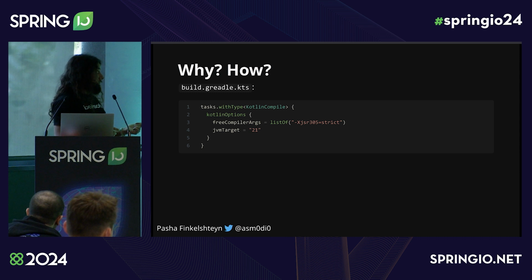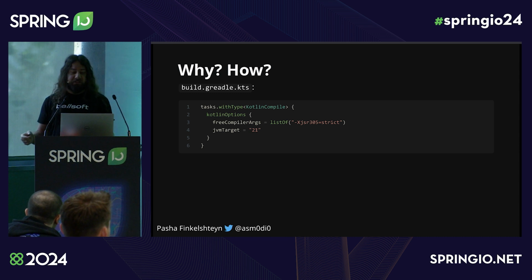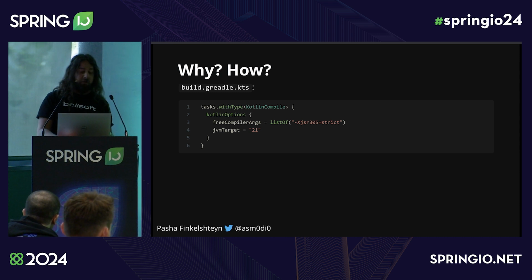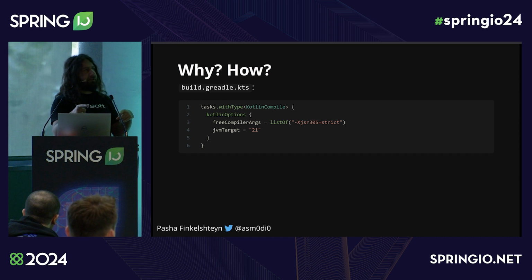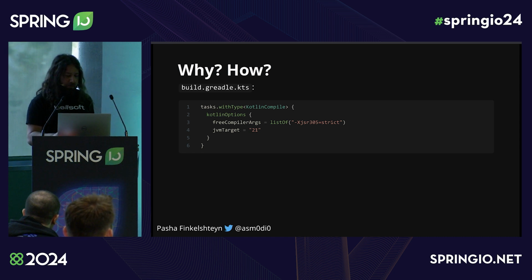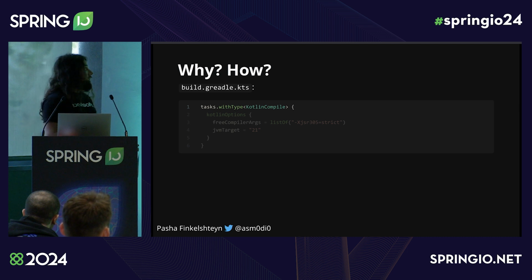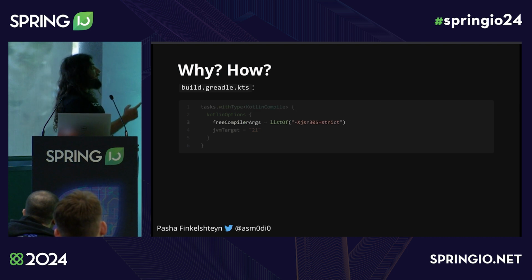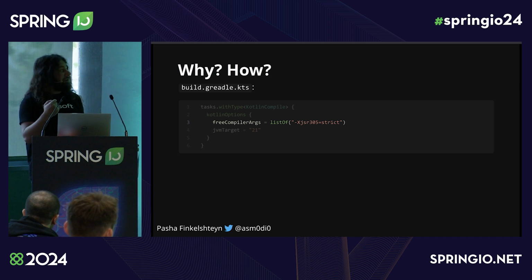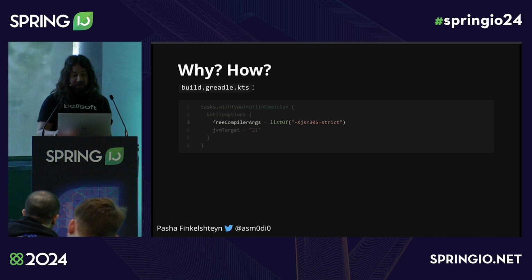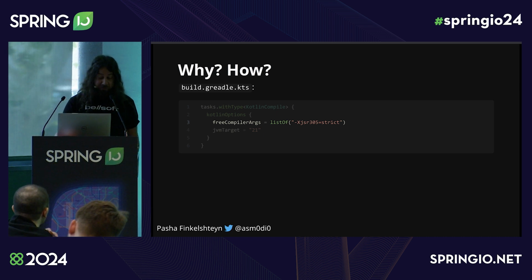But how? The thing is, there are several lines in our Kotlin Gradle KTS, build.gradle.kts, which I didn't show you. They say something like this. For each task with KotlinCompile, we should add a compiler argument called -Xjsr305=strict.